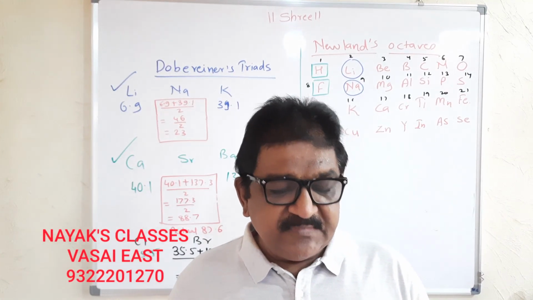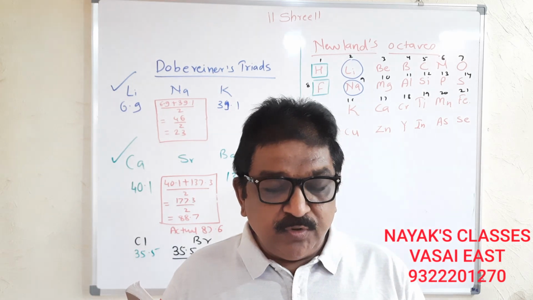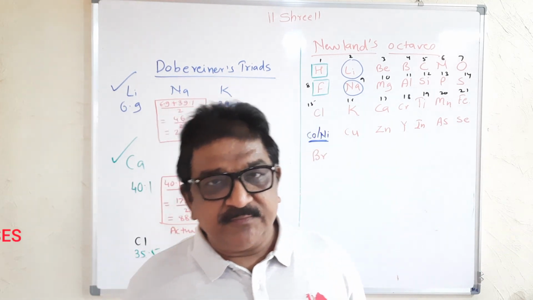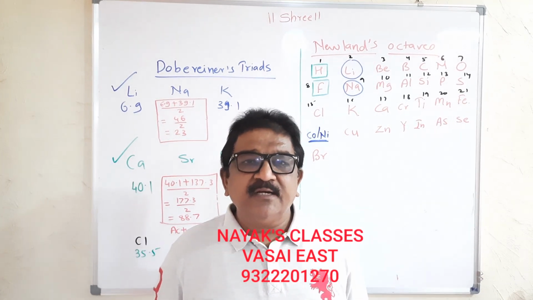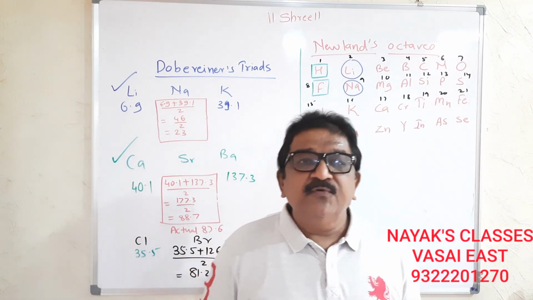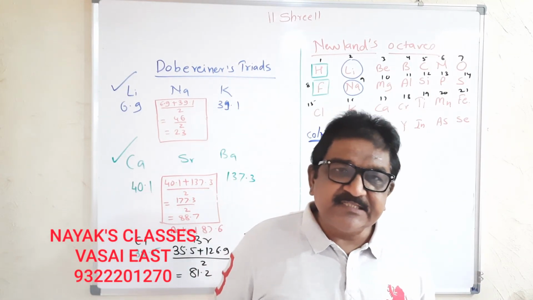Today, there are 118 elements known to the scientific world. Choose correct alternative. The fill in the blank will come from this sentence.